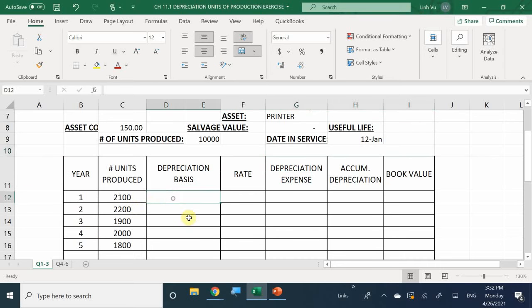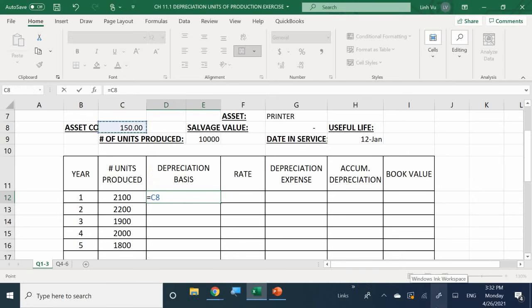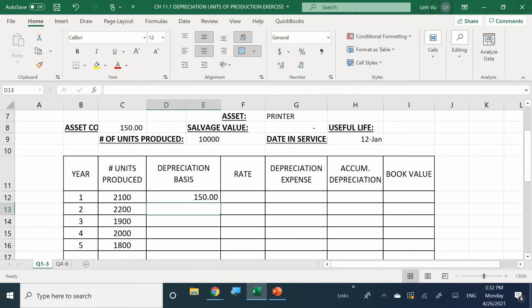So let's go ahead and practice this. What is going to be my depreciation basis? $150, because it's your asset cost minus your salvage value, which is 0. So therefore, $150 should be your depreciation basis.